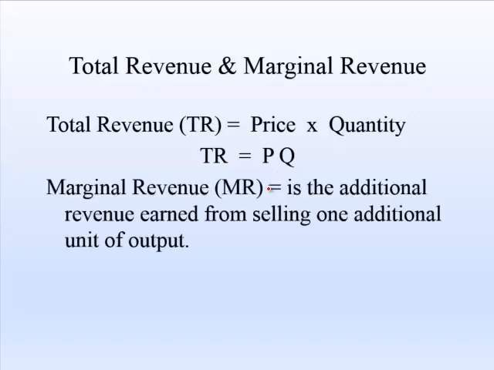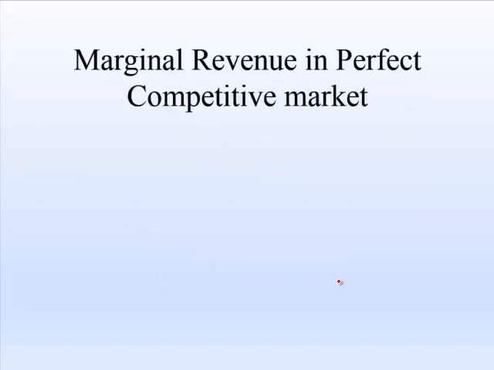And similarly for marginal revenue, it is the additional revenue earned from one additional unit of output. If we are adding one output unit, then what additional revenue we will get out of that. So marginal revenue is the change in total revenue divided by the change in quantity.